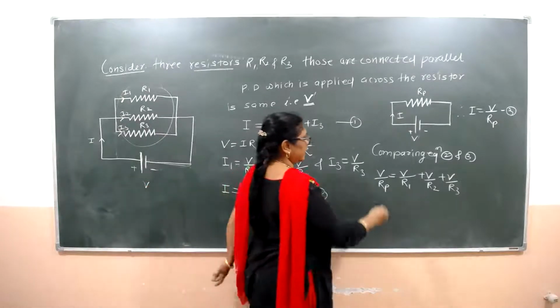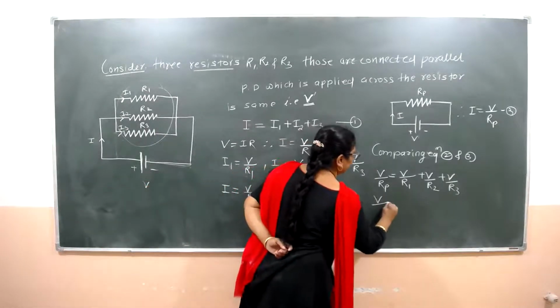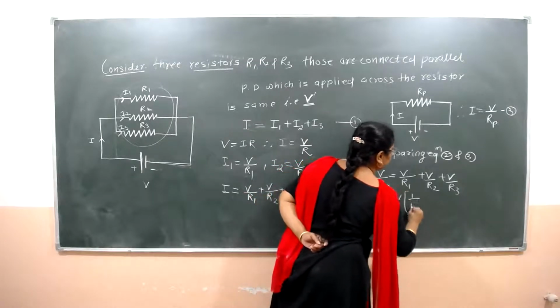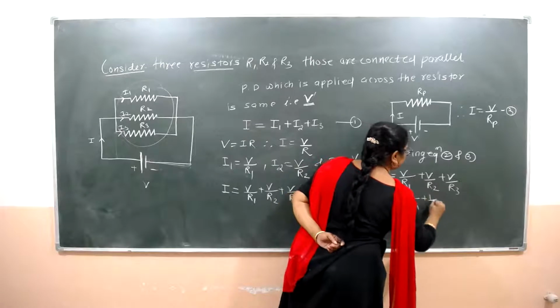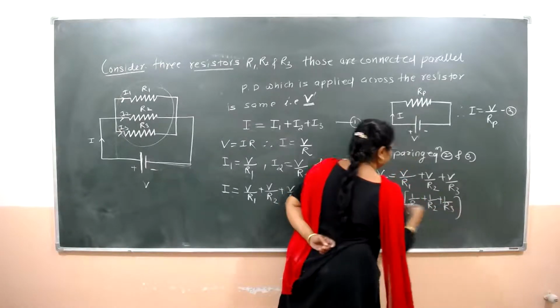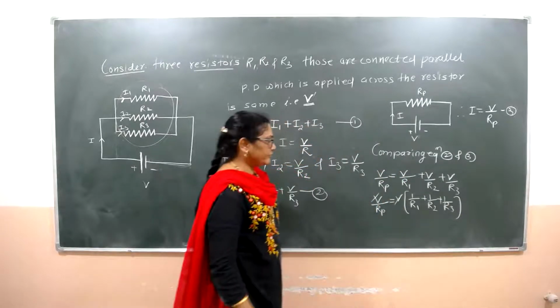V cancels, so take V outside: V divided by RP is equal to V in bracket 1 by R1 plus 1 divided by R2 plus 1 divided by R3, where V gets cancelled.